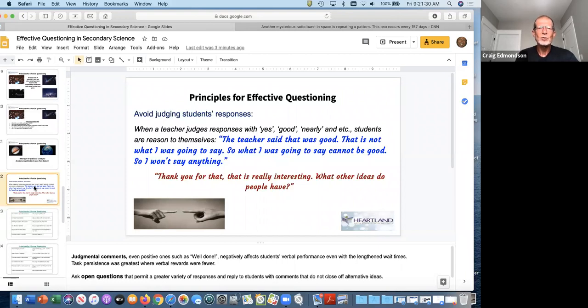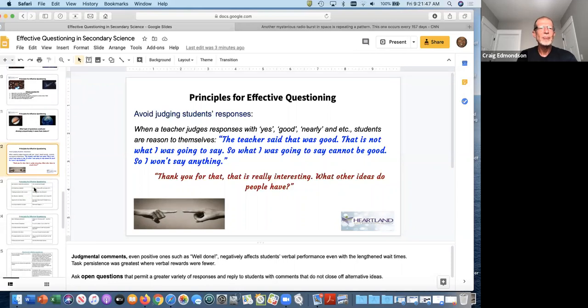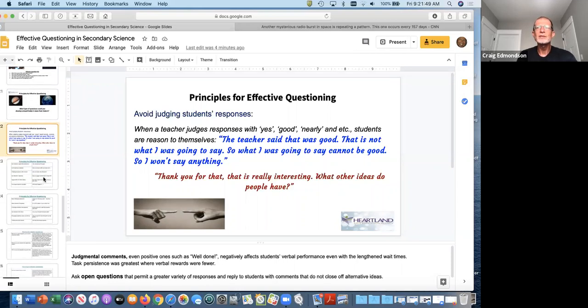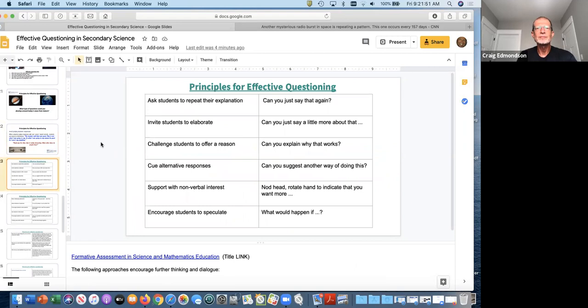Ask open questions that permit a greater variety of responses and reply to students with comments that do not close off alternative ideas. Don't shut down the conversation. Get in the practice of asking effective questions that will take them deeper into content. So, what are some examples of that and how might that be done?